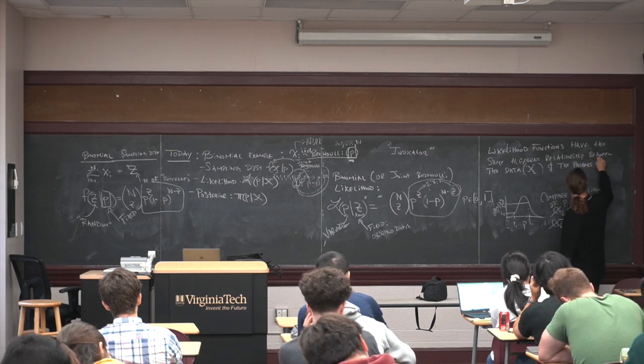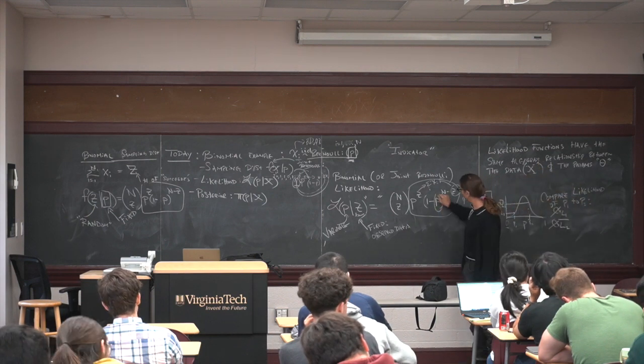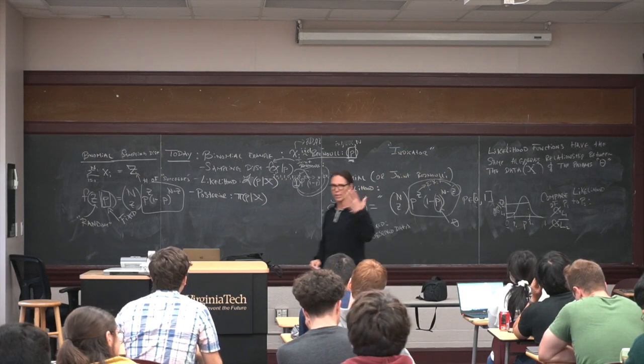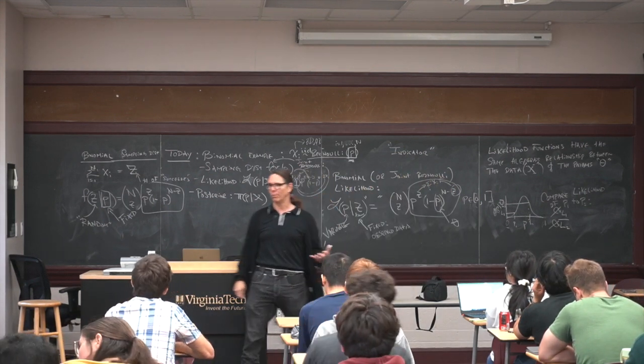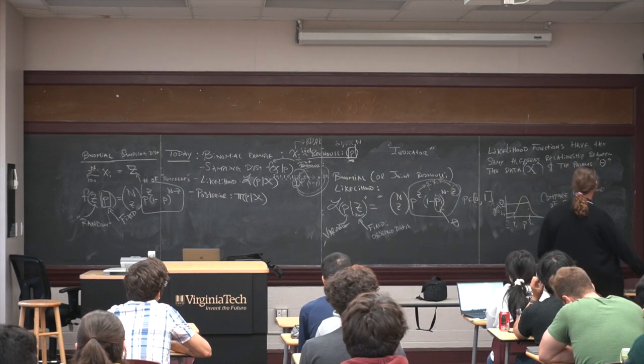Usually I'm going to call those theta. In our example, P is our parameter. So that's theta. So I'm going to start talking about this stuff a little bit general, but I'll give you examples along the way. So there's only one parameter in our analysis.